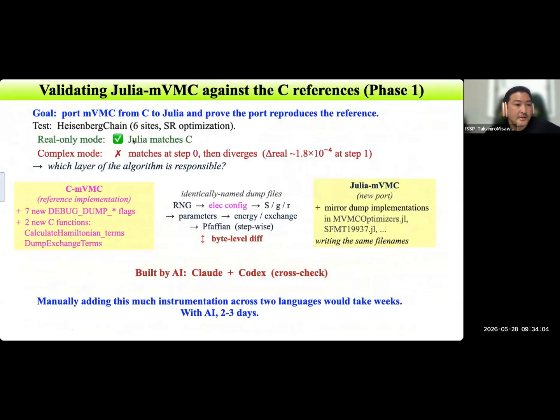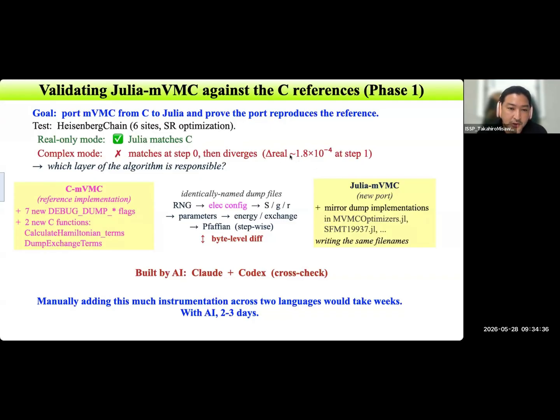In the beginning of February, I had a beta version of Julia mVMC developed by Terasaki-san. For the real variables, Julia mVMC works well. All the energies well match the original C mVMC. But I found that if we use the complex mode, namely the complex variables, Julia mVMC shows a significant discrepancy from the C mVMC.